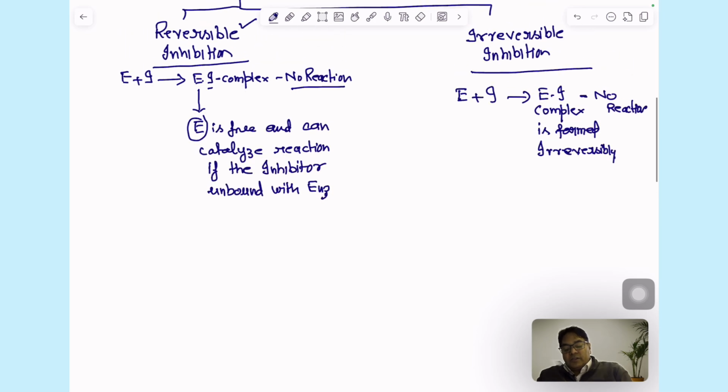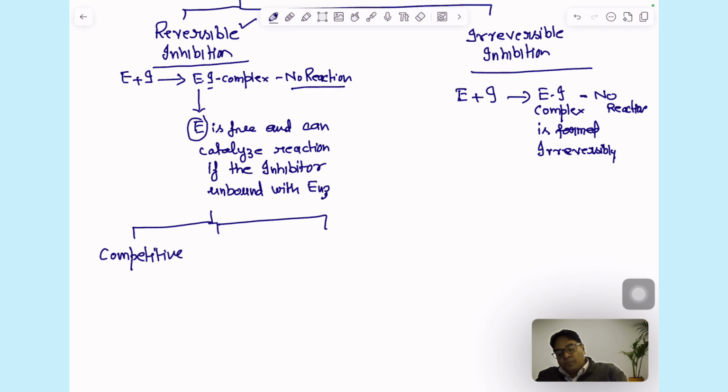Reversible inhibition is of three types: competitive inhibition, non-competitive, and uncompetitive.